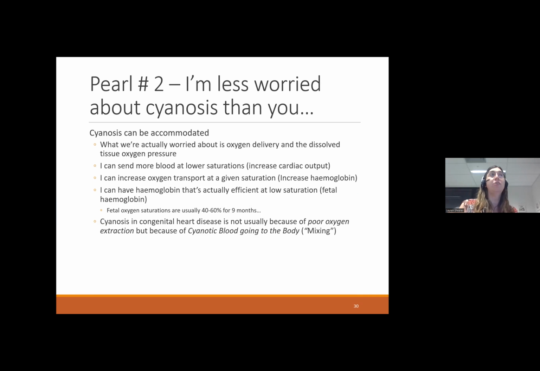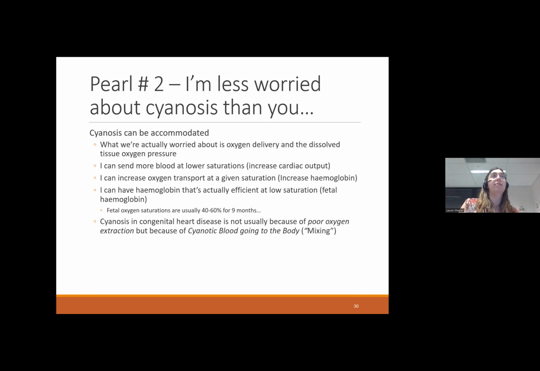I can increase the oxygen transport at a given saturation by increasing my hemoglobin, and I can have hemoglobin that's particularly efficient at dissociating at lower saturations, such as the fetal hemoglobin present soon after birth, and also in certain other lesions, such as the thalassemias or sickle cell disease, particularly if they are on treatment. And fetal oxygen saturations before birth are often in the 40 to 60% range for that 9 months of pregnancy.